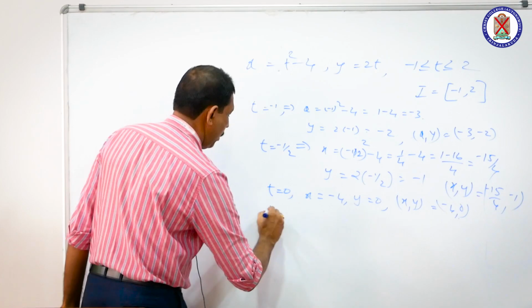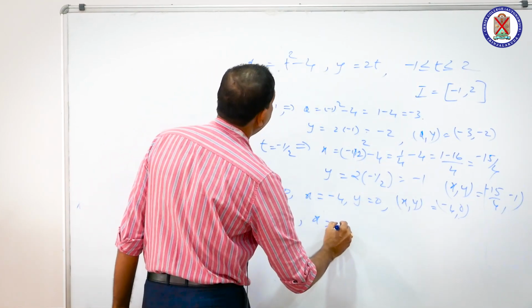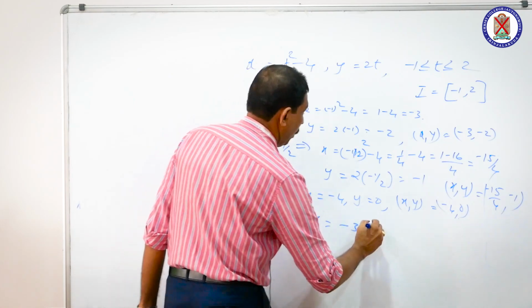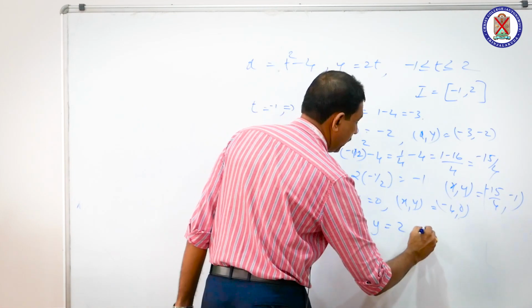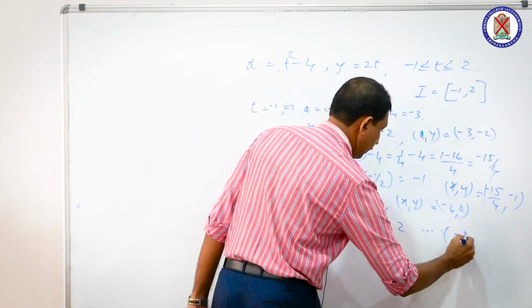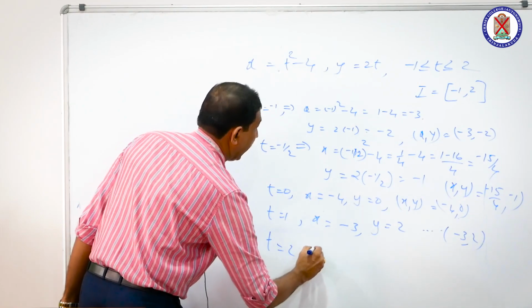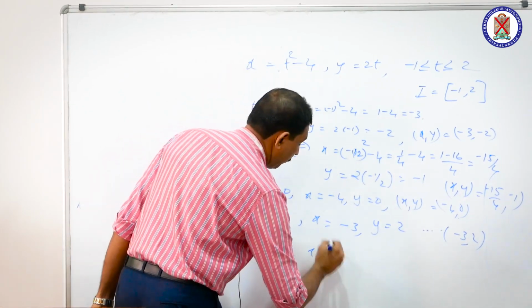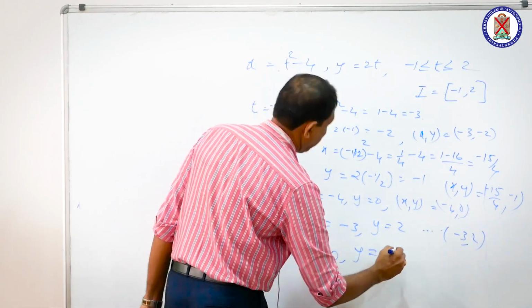When t equal to 1, we will get x is equal to 1 minus 4, that is minus 3, y equal to 2 into 1, that is 2. The point is (minus 3, 2). And when t equal to 2, x is equal to 4 minus 4, that is 0, y equal to 2 into 2, that is 4.